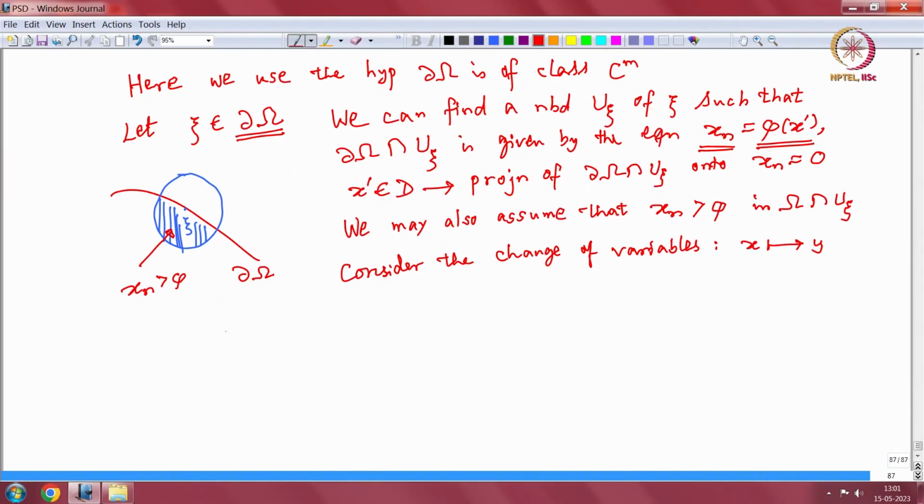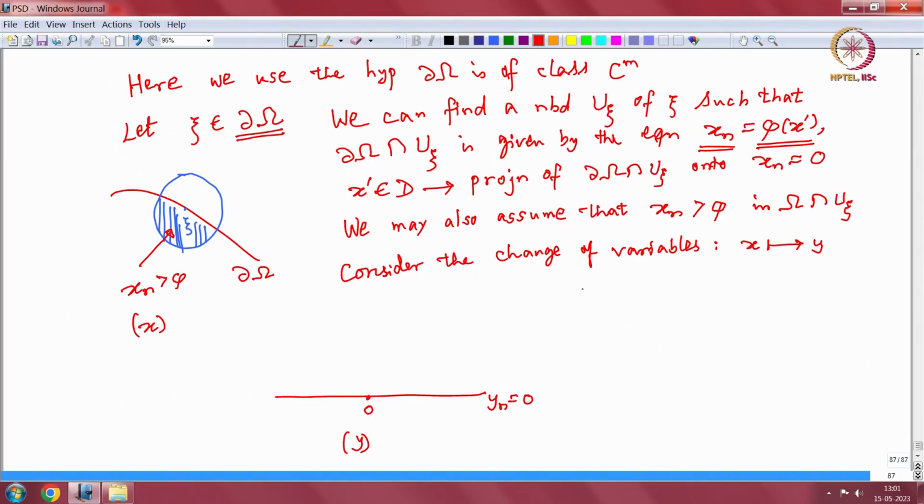So this is the x space, x variables, and I am just writing in y variables. So this is 0. This is yn equal to 0. Okay. So J is mapped onto 0.